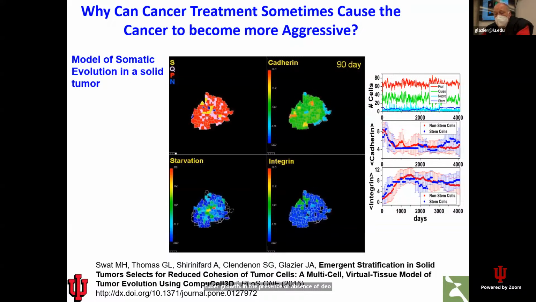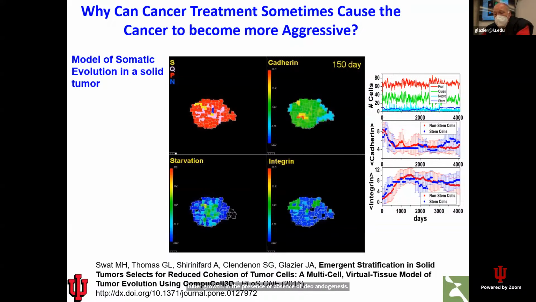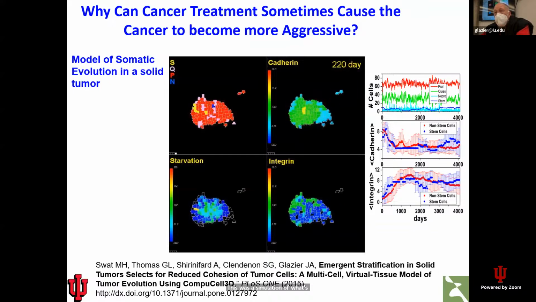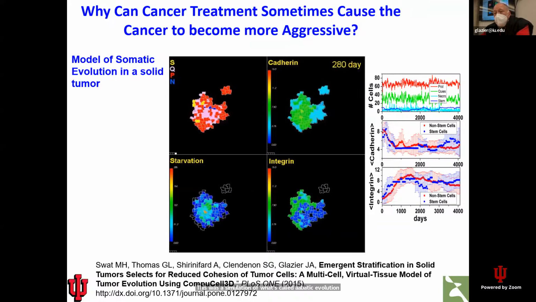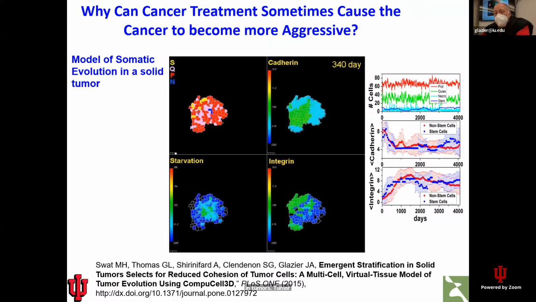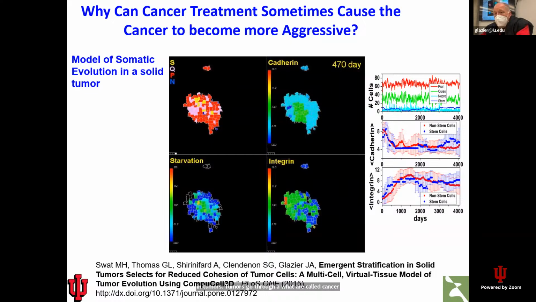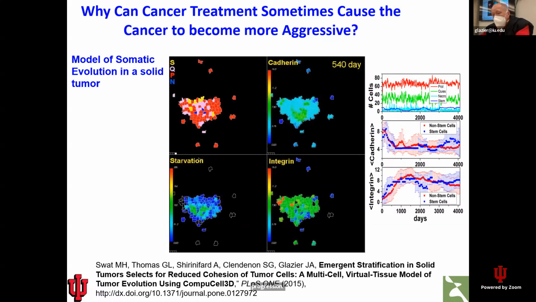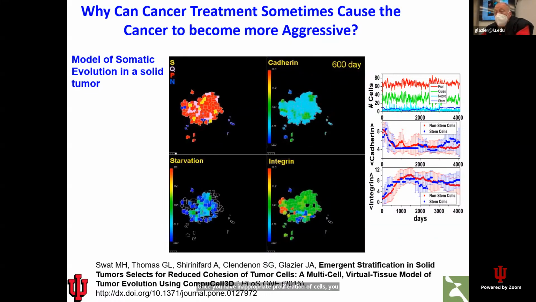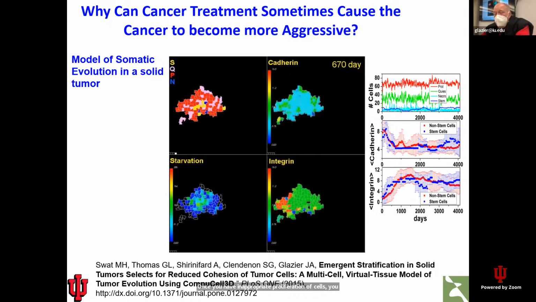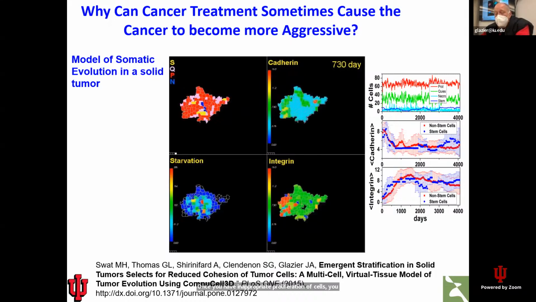This was a simulation of what's called somatic evolution in tumors. Tumors go through what is called cancer progression. Once you have inappropriate proliferation of cells, you get a benign tumor. It doesn't become a cancer until a variety of things happen.